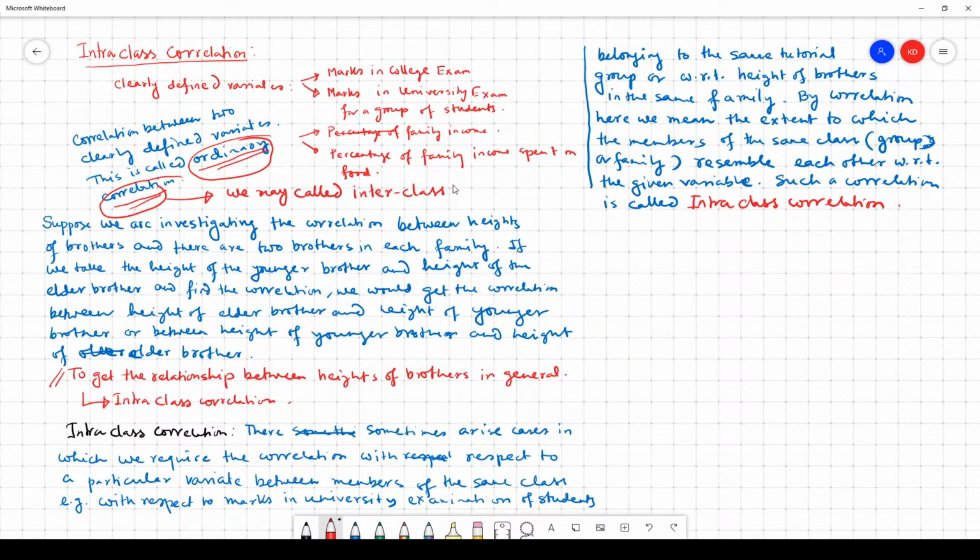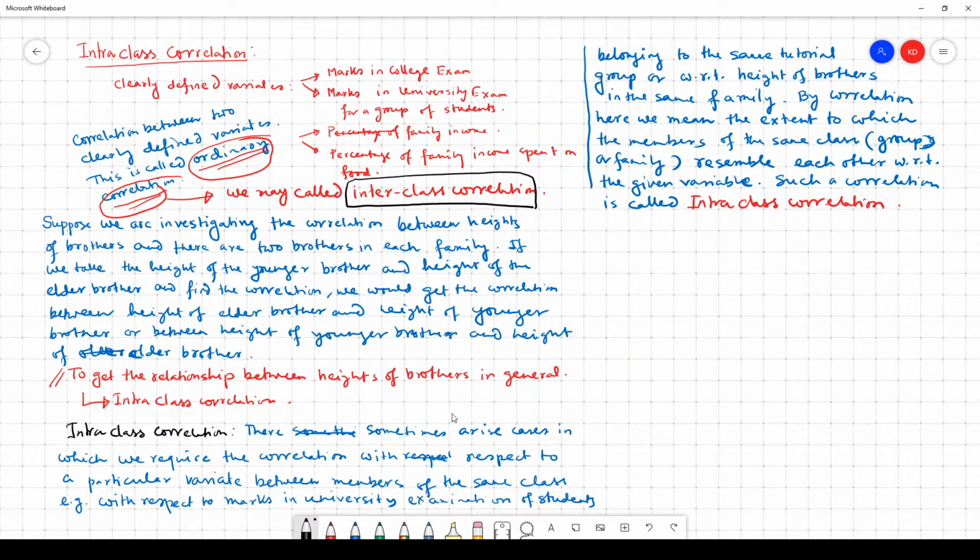This means between class correlation. So this is the difference between ordinary or interclass correlation coefficient and intraclass. Intraclass means within the class we find correlation.